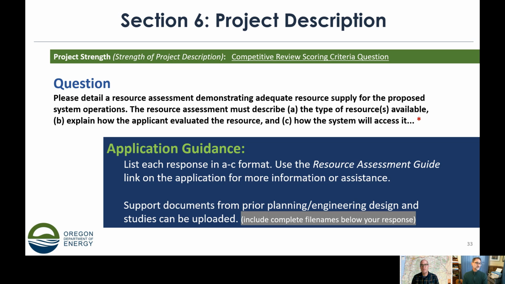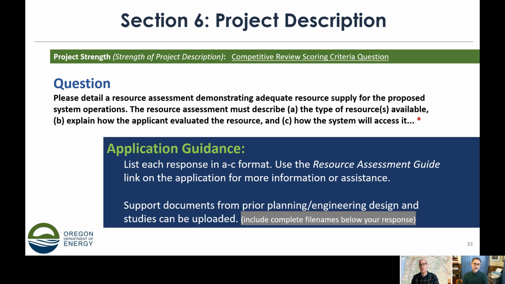Yeah, so this is a great place for us to remind folks, because normally this is a question that will have supporting documentation with it. Assessments of the power produced and things like that. So put all the information in the text box in the online application and then clearly name and reference your supporting documentation also in that text box.